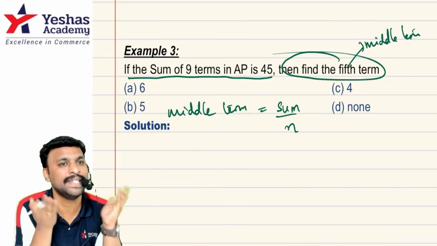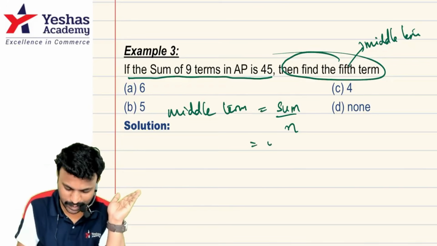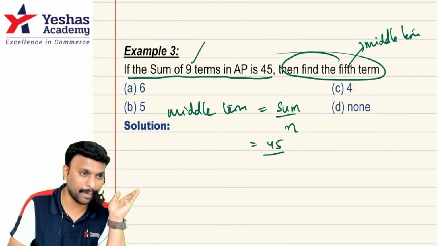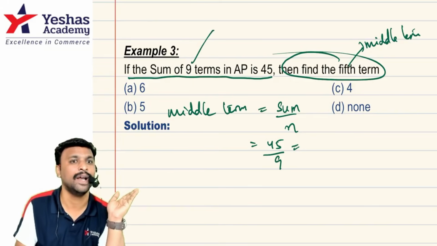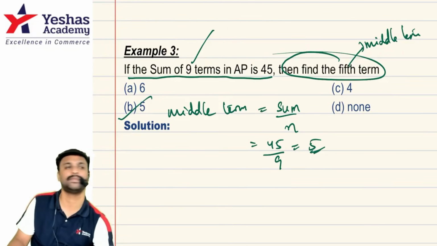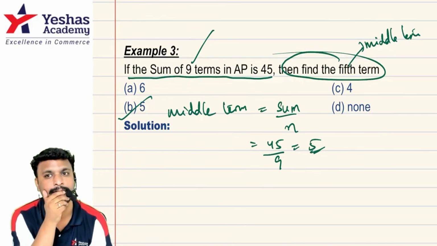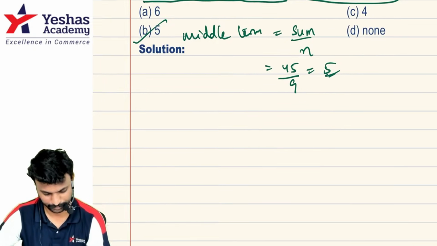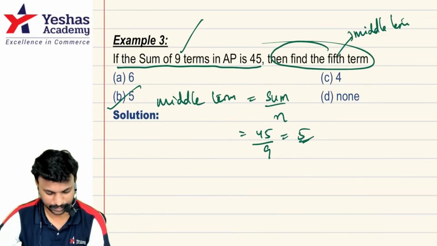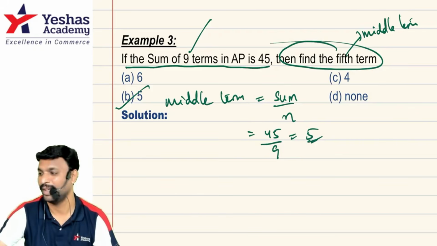Middle term means arithmetic mean, sum divided by the number of observations. Sum is 45, the number of observations is 9. What is the answer? Option B. Are you getting it? Everyone?